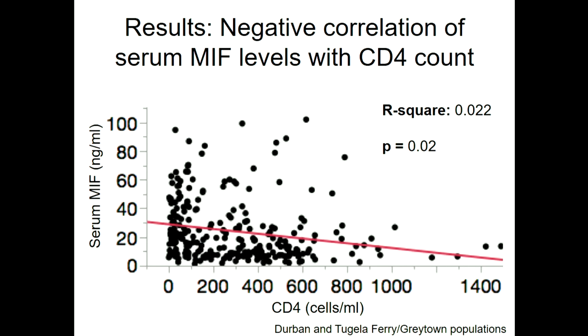So lastly, we compared the CD4 count with MIF levels. And we found a negative correlation of serum MIF levels with CD4 count. On the x-axis, you see CD4 cells per milliliter, and on the y-axis is serum MIF in nanograms per milliliter. And what we have here is a negative correlation with an R-square value, which is small at 0.02, but was nonetheless significant.